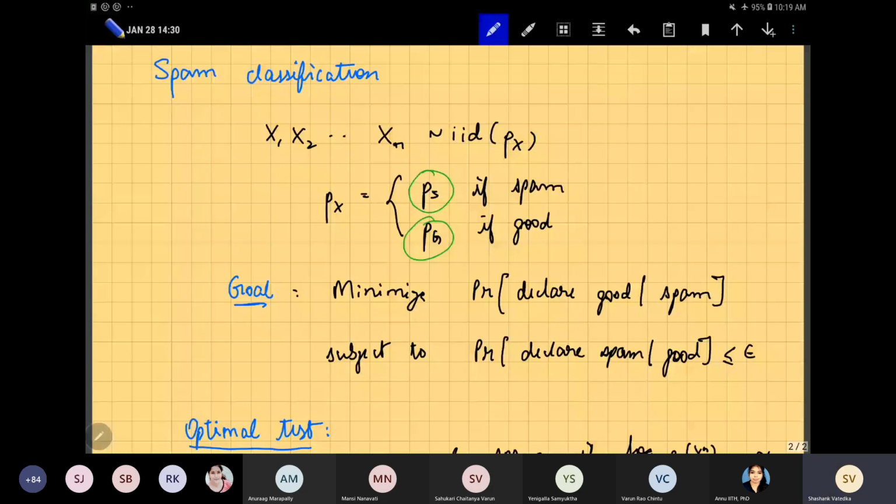One way to think about this is that if it's a spam email, then certain words occur more frequently. If it's a good email, then those words don't occur very frequently. For example, in a spam email, you may have words such as money or account occurring very frequently. Whereas in a good email, if you're designing a spam filter for an academic or a student, then words of that sort don't occur that often.